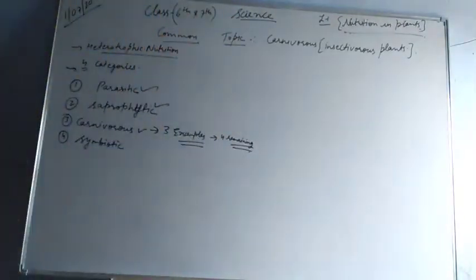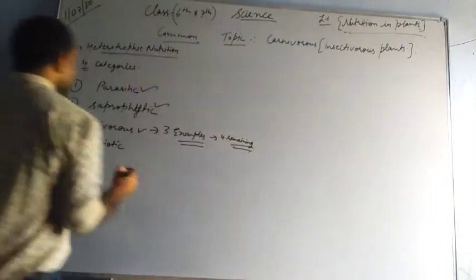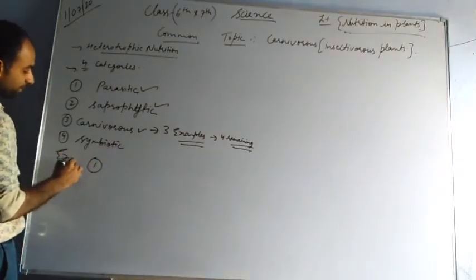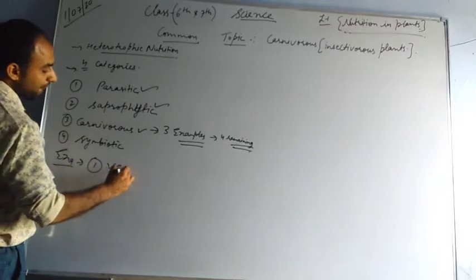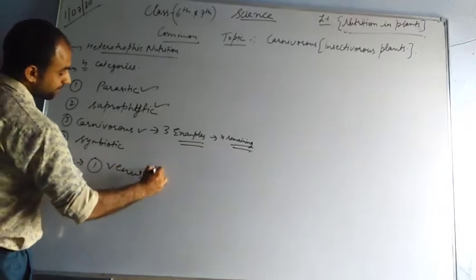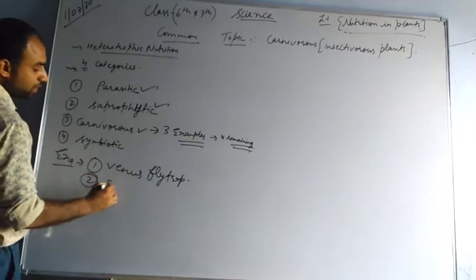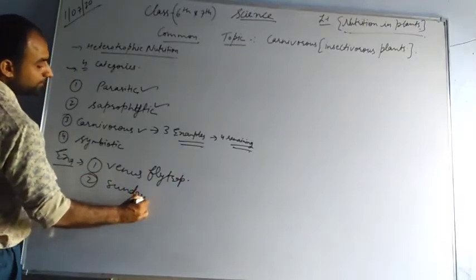In carnivorous insectivorous plants, we have already discussed 3 examples. Number 1, Venus flytrap, we have discussed in detail. Second one was sundew.